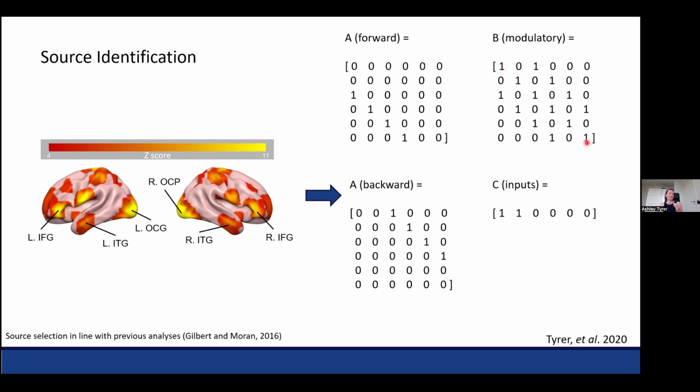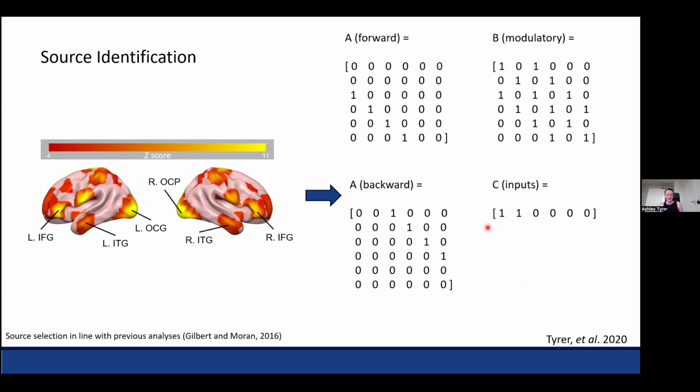The reason I haven't defined self-connections on the diagonal for the A matrices is because that is already in the model. When we come to looking at MATLAB, you will see that the radio buttons for that option are blanked out, and that's because they're already in the model. Self-connections are automatically put in.